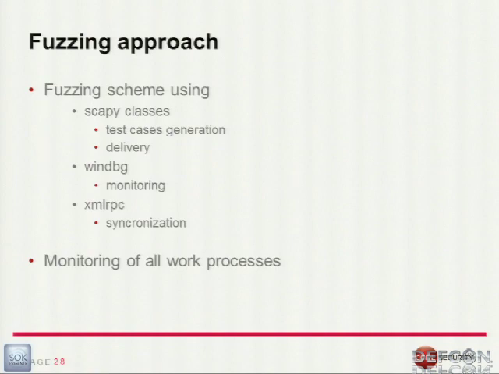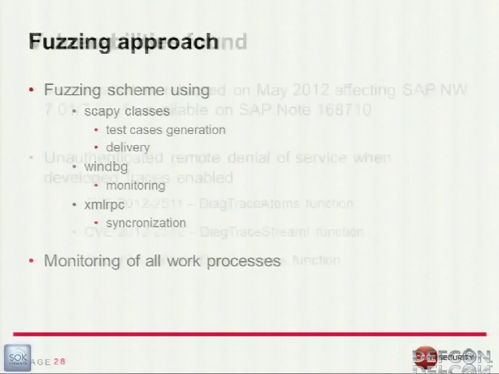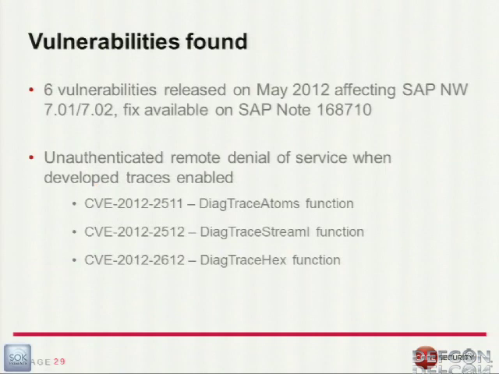And the only thing you have to take into account if you are fuzzing an application server is that you have to monitor all the work processes at the same time, because you don't know which of the work processes are handling your request. So using this approach and some manual tests, I found 6 vulnerabilities in the SAP application server.